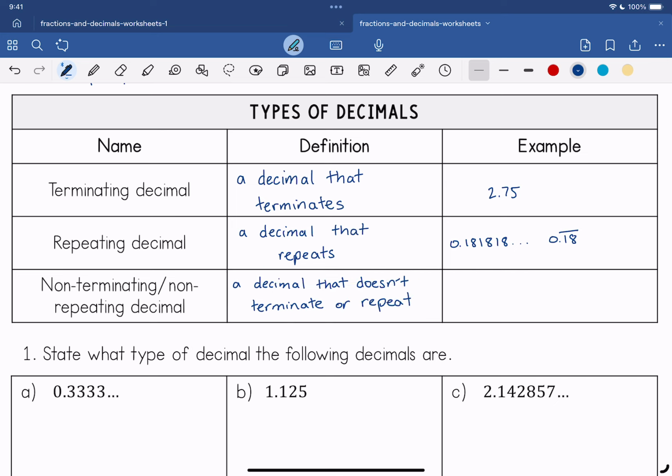For example, 3.14159 ... which means it continues. Notice there's no pattern in the digits like the one above. Another way to show this number is pi. Therefore, this doesn't terminate and it also doesn't have a repeating pattern.